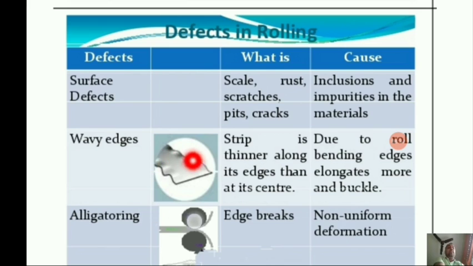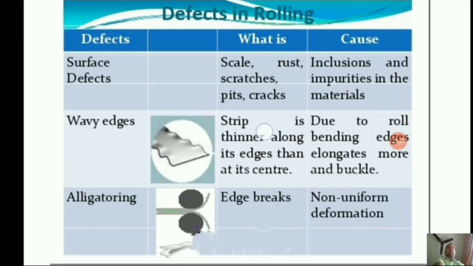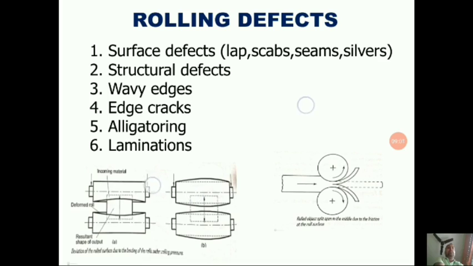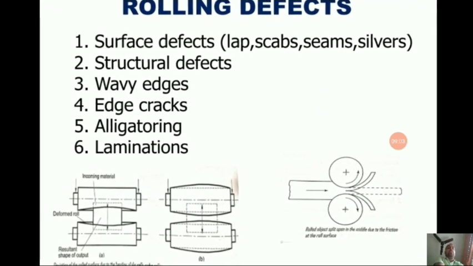Next is wavy edges, which are due to the strip being thinner along its edges than at its center, caused by roll bending; the edges elongate more and buckle. Next, very important, alligatoring. What happens is the edge generally breaks at the exit of the strip or roll, and it is caused by non-uniform deformation.